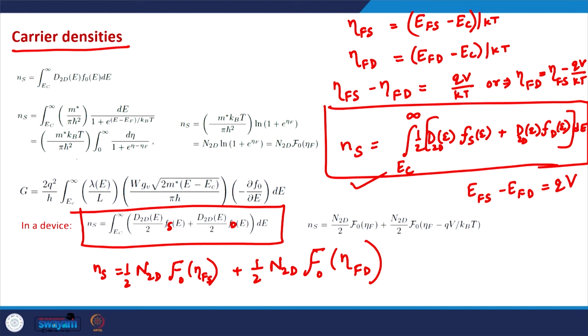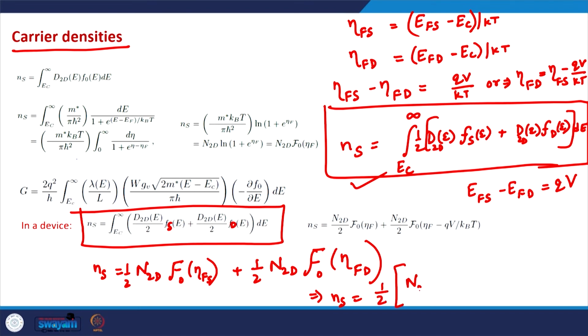So, if we assume that eta Fs is eta F, then eta Fd can be assumed to be eta F minus QV by kT. So, that is what it finally becomes.